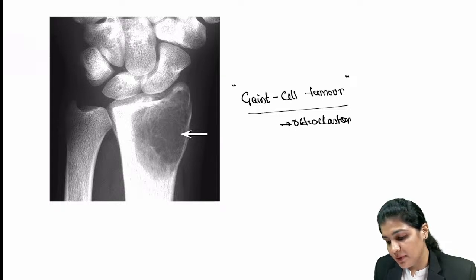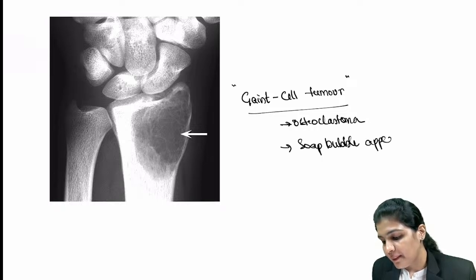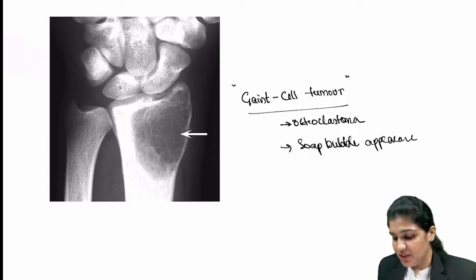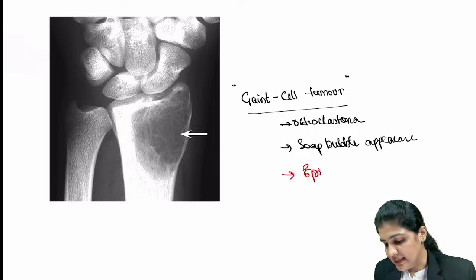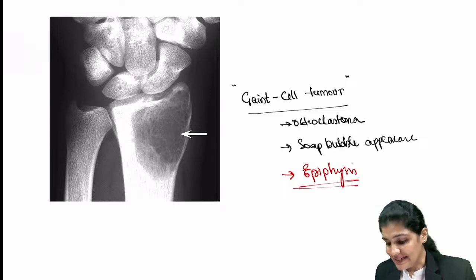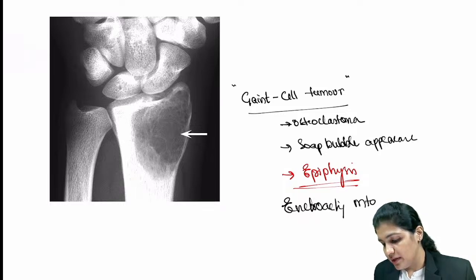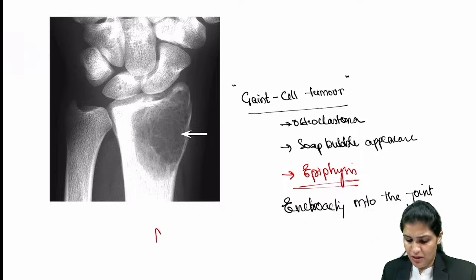If you remember, the soap bubble appearance is seen in this condition. And one more peculiar feature is that it is seen in the epiphysis region, and this is characteristically described as encroaching onto the joint. So you can see that the tumor is very aggressive. So this is the aggressive type of tumor.